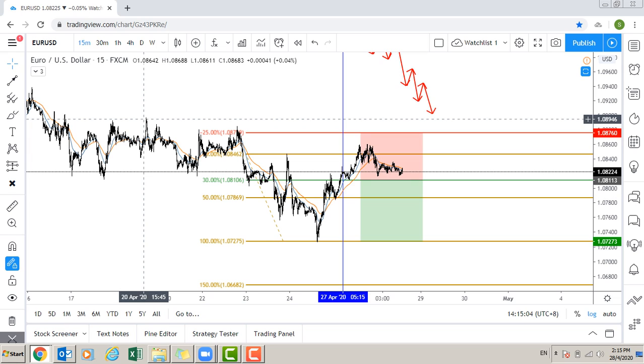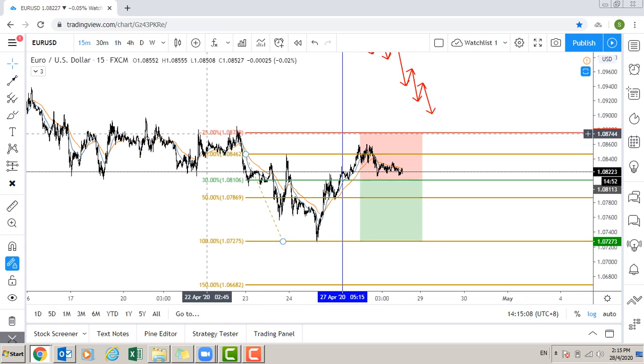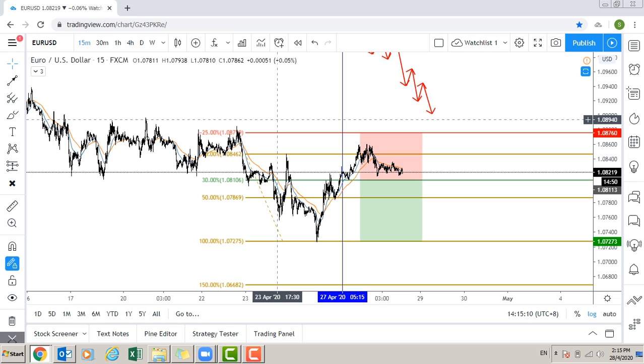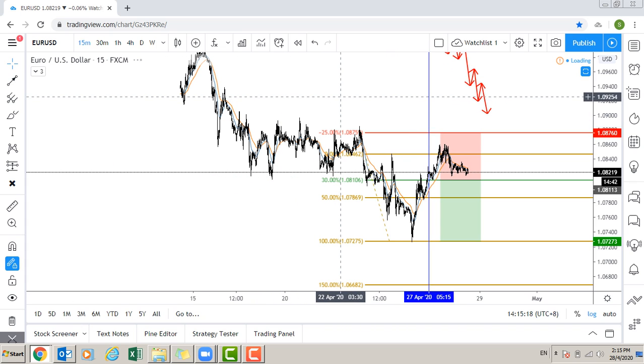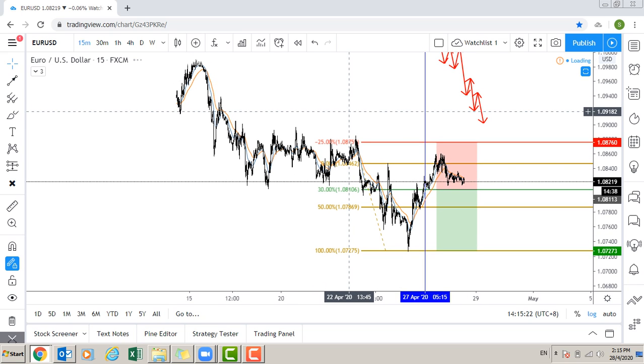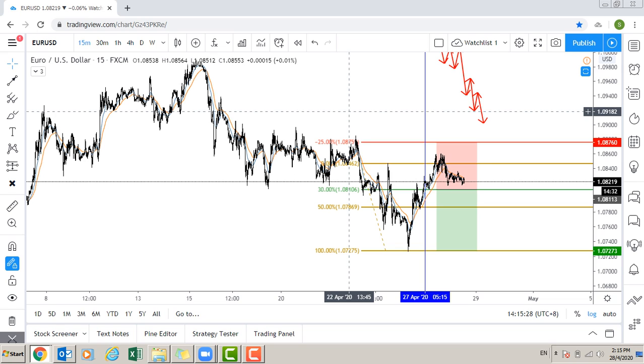Some people might look at a daily candlestick and say it's more reliable than 15 minutes, 30 minutes, or 1 hour. Yes, I agree. However, in order to ride on correct trends, in daily candlesticks we hardly see a short-term trend forming.